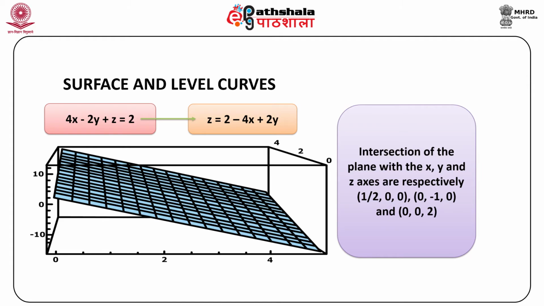The points of intersection of the plane with x, y and z axes are respectively (1/2, 0, 0), (0, minus 1, 0) and (0, 0, 2).